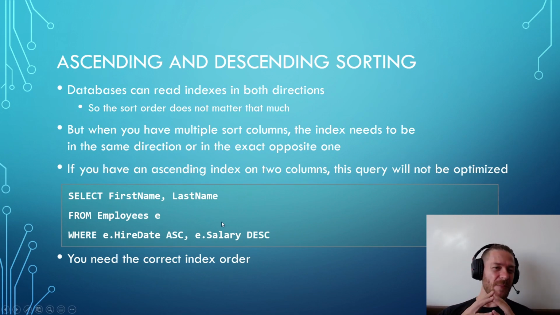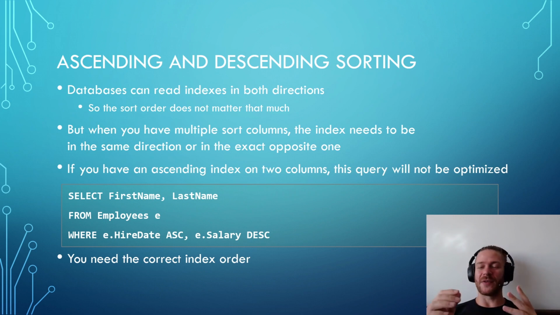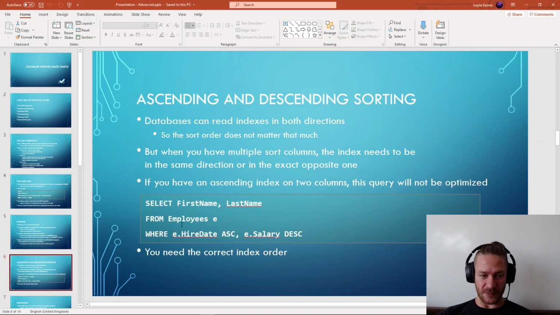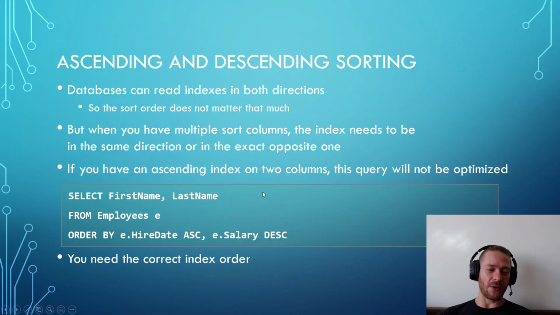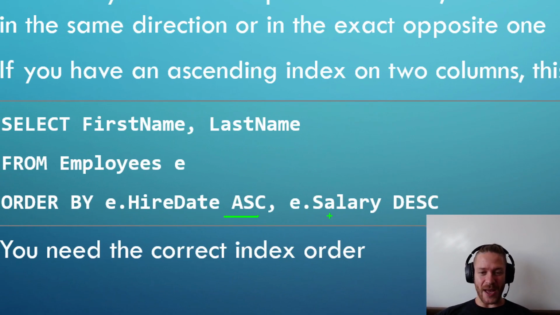So that's the important part of sorting. If we add an index and we have an order by clause for only one column, then everything is fine. But if we have more than one column in our order by clause, then we need to have an index with the correct index order, and the correct index order is either the same as the query or exactly opposite.